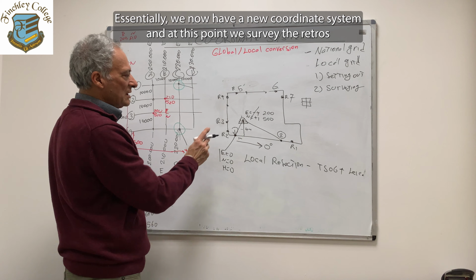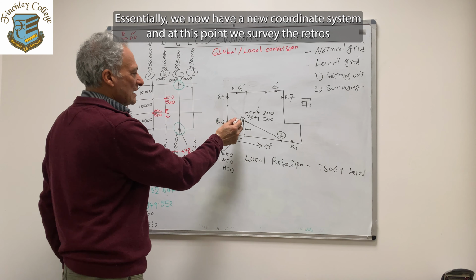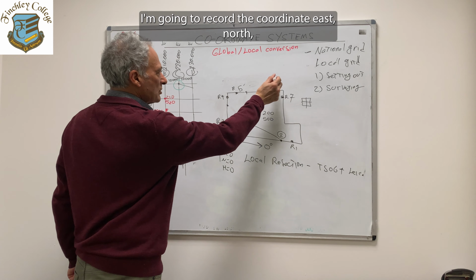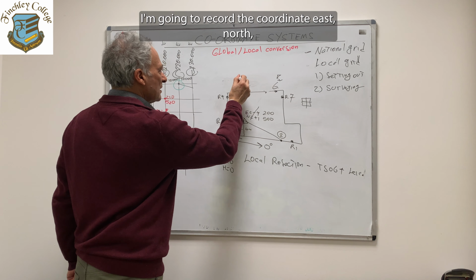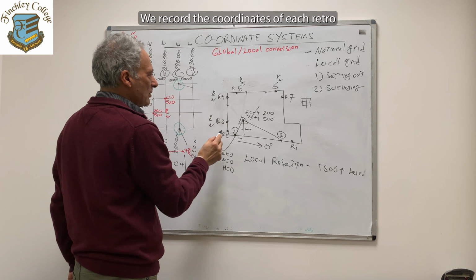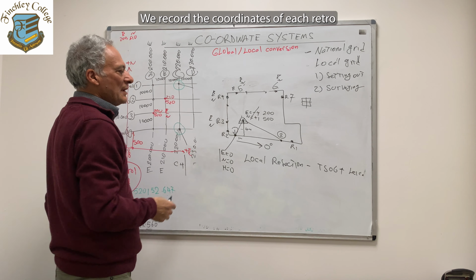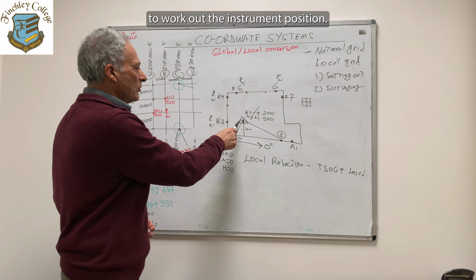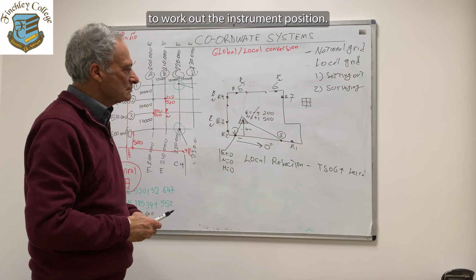So now we have a new system, and at this point we survey the retros and record the coordinates, east, north, of each retro. In future, when we come back on site, we do a normal resection to work out the instrument position.